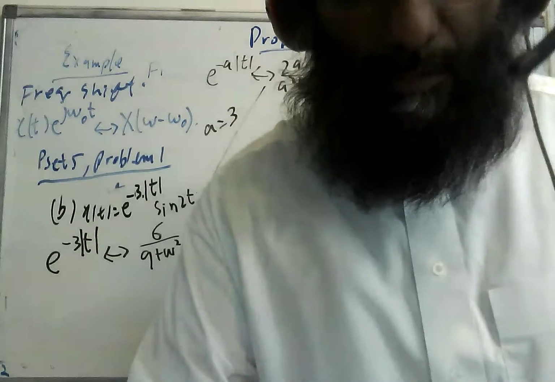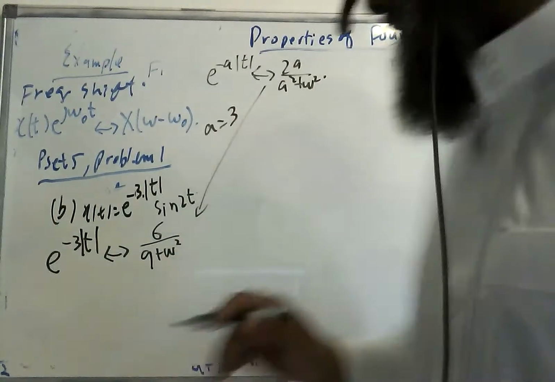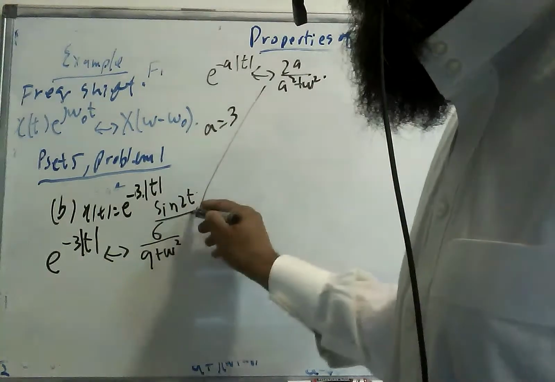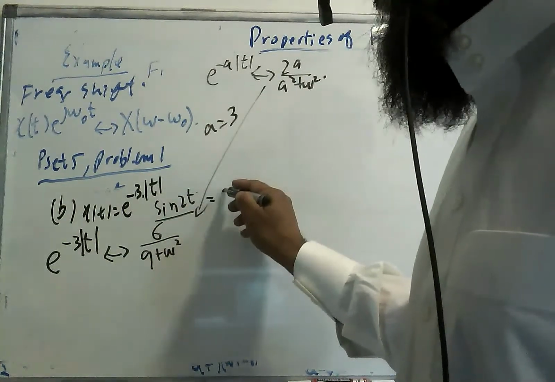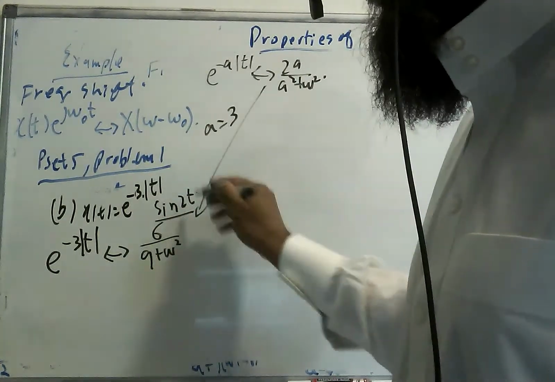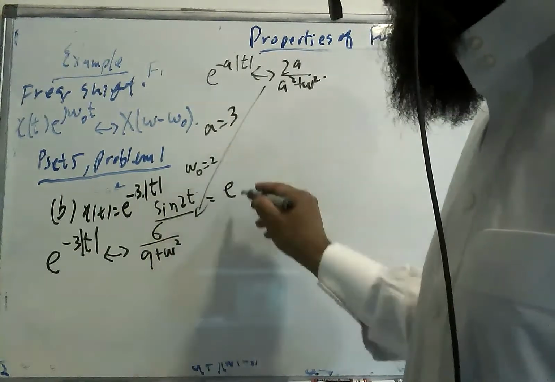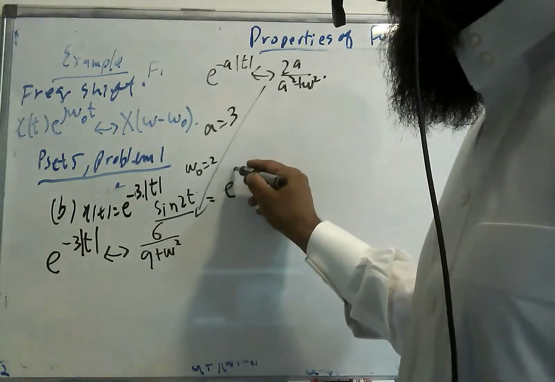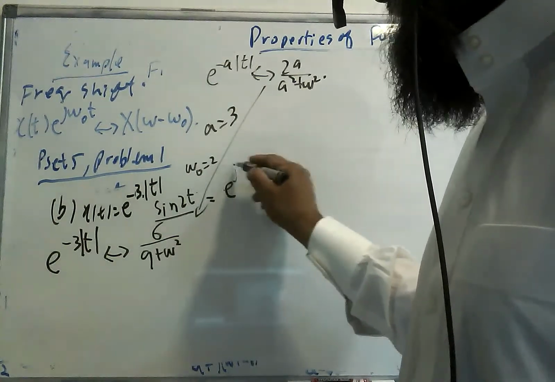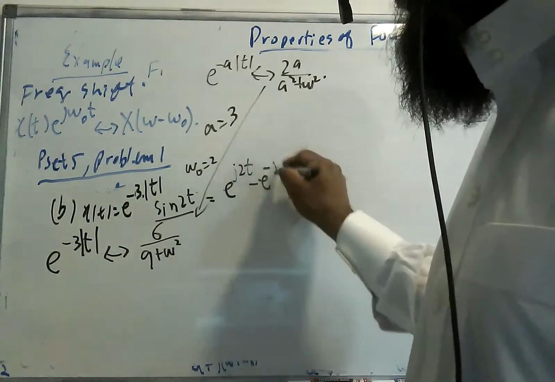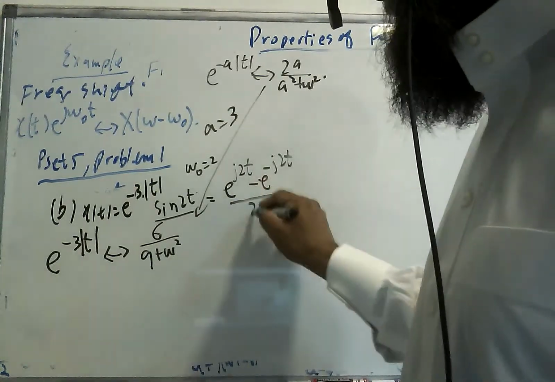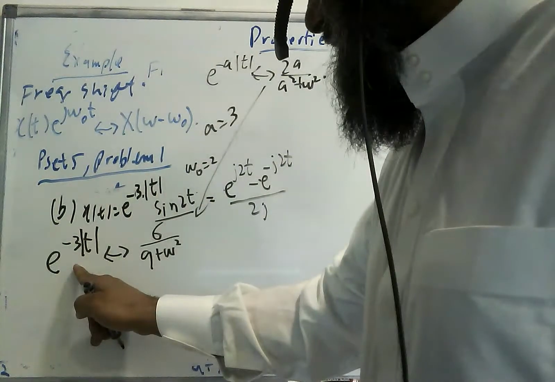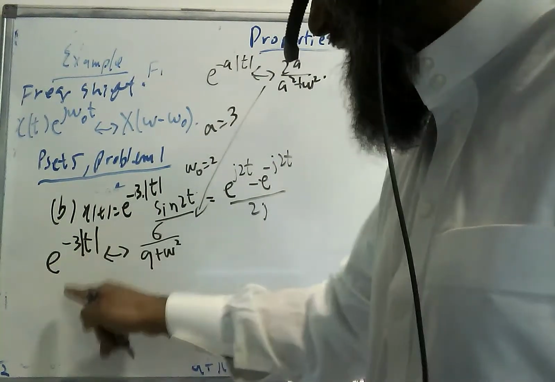Alright. Now I can go on, so now sine 2t. What is sine 2t? Sine 2t is equal to e raised to the power j omega naught t, and omega naught is 2, so I have e raised to the power j2t minus e raised to the power minus j2t, divided by 2j. So I have to multiply this by e raised to the power j2t and another one by e raised to the power minus j2t.